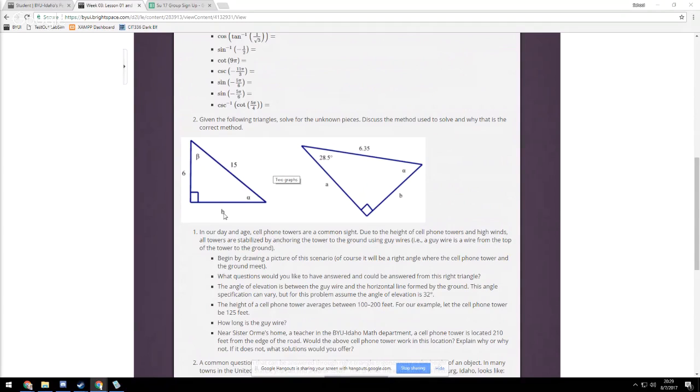So on the first one, to find b, you take 6 squared plus b squared equals 15 squared.